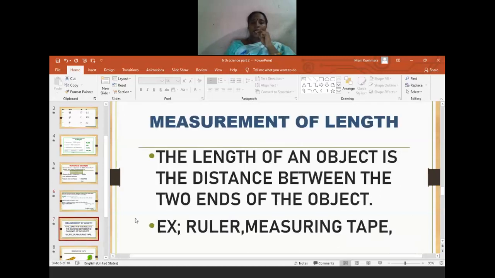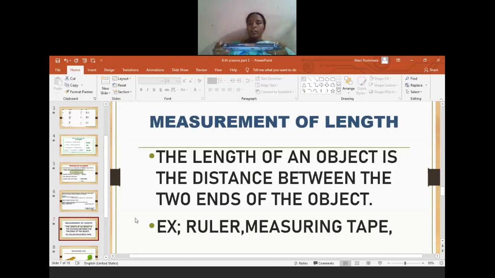So the next one is measurement of length. How to measure a particular object's length? The length of an object is the distance between the two ends of the object. For example, if you take this book, you have to measure from this end to this end.